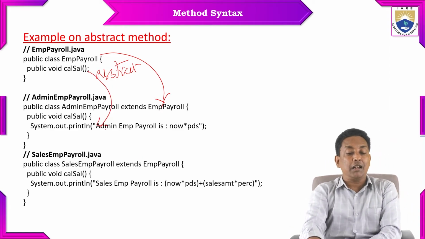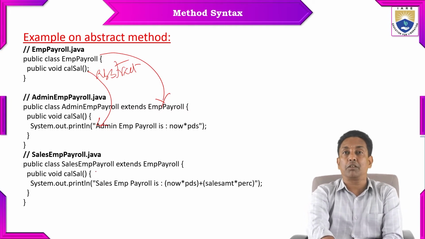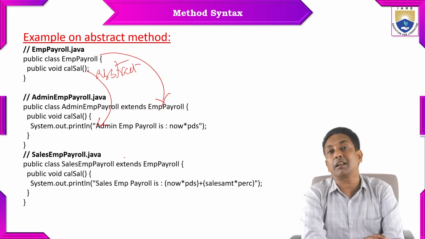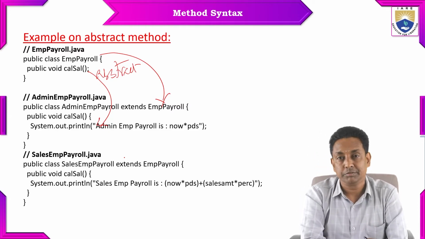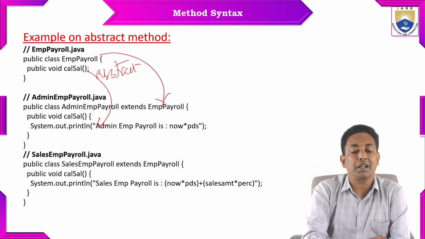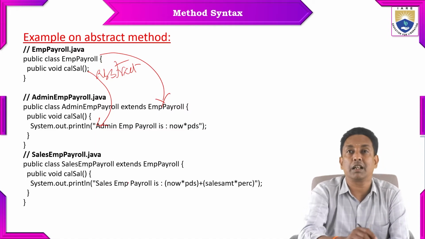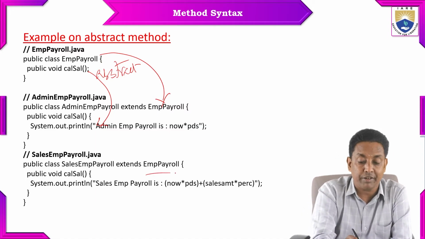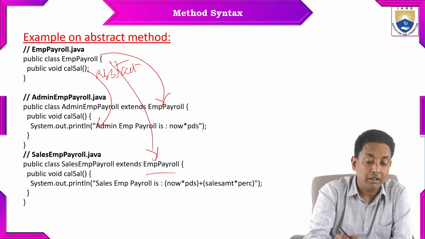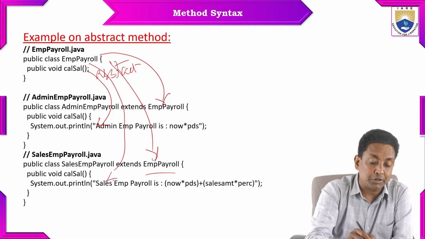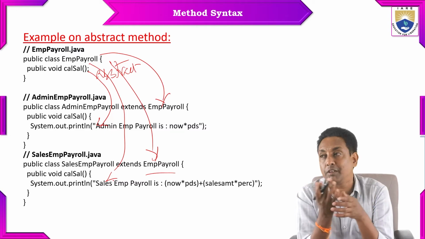Why can't the admin payroll, sales payroll, production payroll classes directly implement a calculateSalary method? Why do we need to write one abstract method explicitly in the superclass, declare the class as abstract, derive that class into our classes everywhere? And everywhere the superclass forces us to implement the calculateSalary method. Why all this?